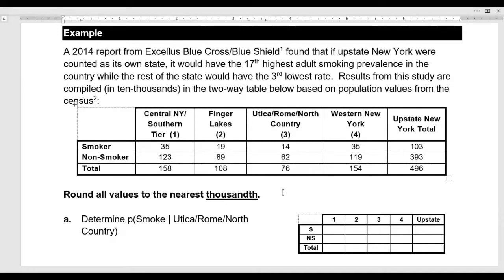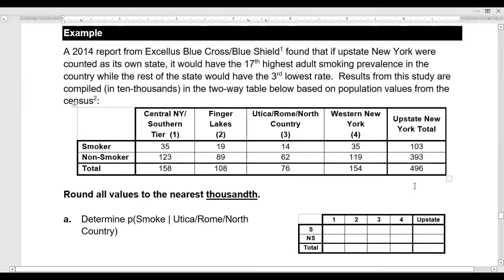So in other words, folks who live upstate tend to smoke much more heavily, more often than those who smoke in the rest of the state. So the results of this study are compiled in this two-way table, and you can see that we're looking out of just upstate New York as our total.